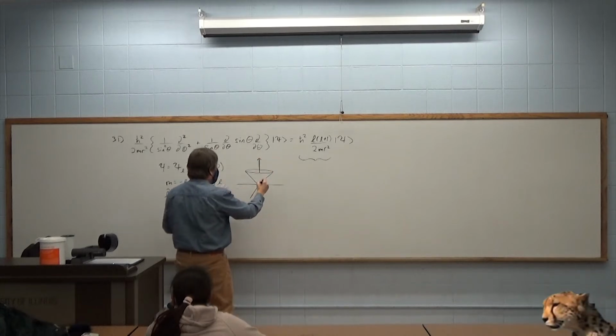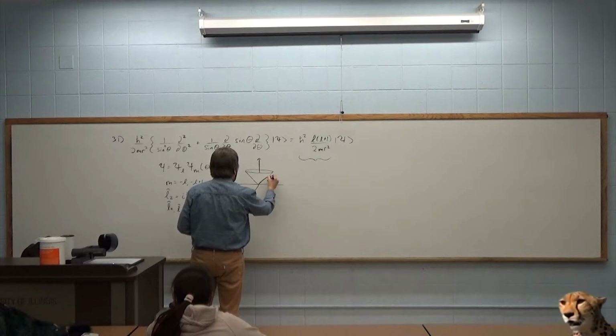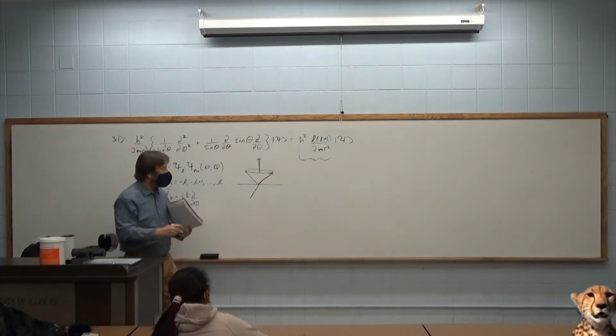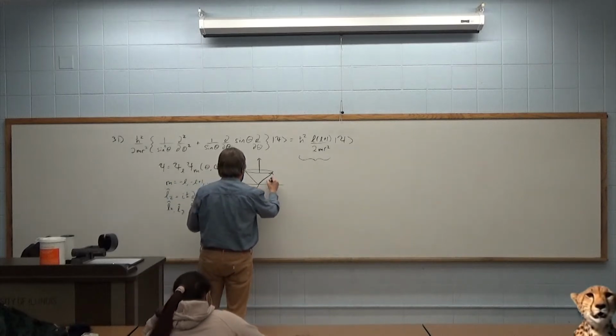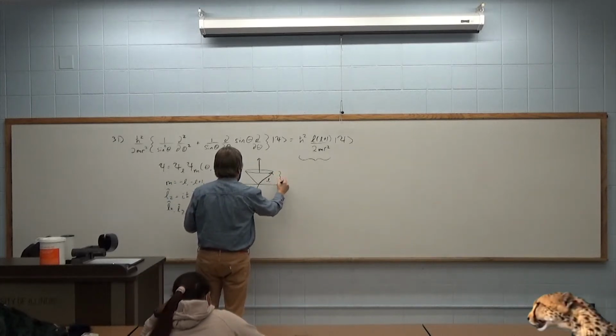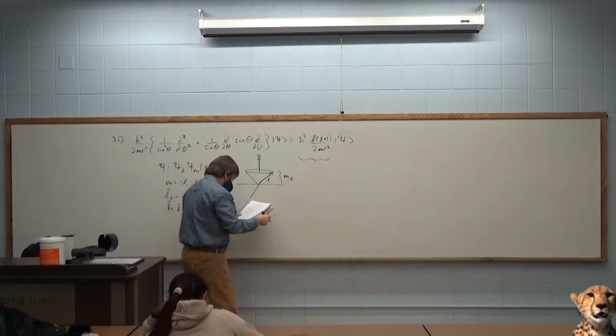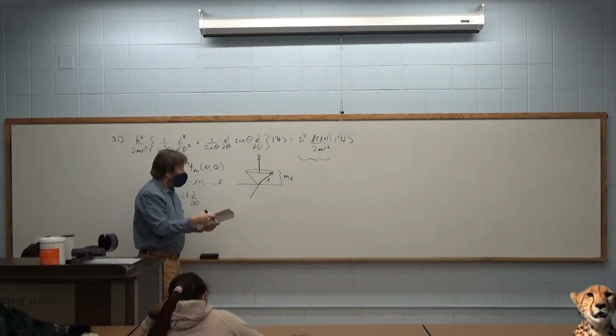Okay, so recall that the total vector, which will be the length, is L, and the projection on the z-axis is, of course, ħm. Again, to drive that home, I'll call that m sub z.